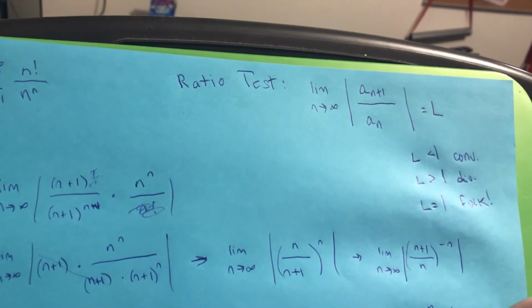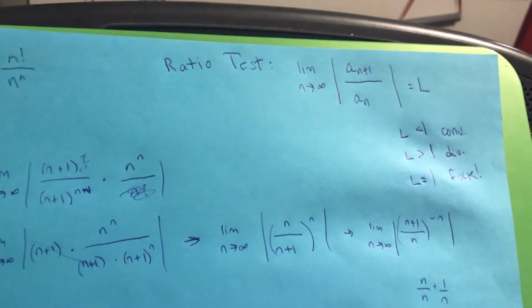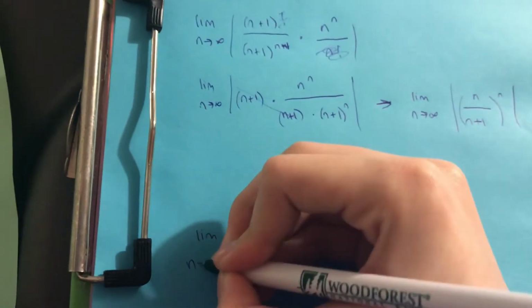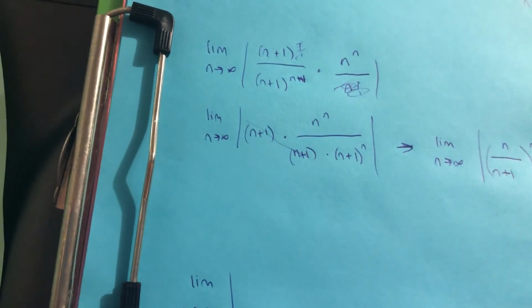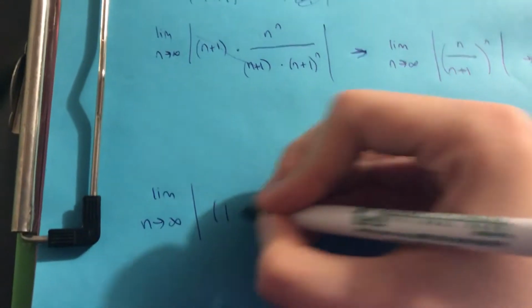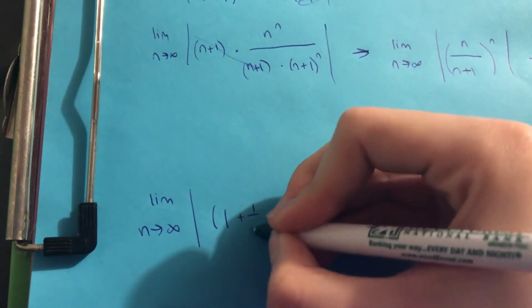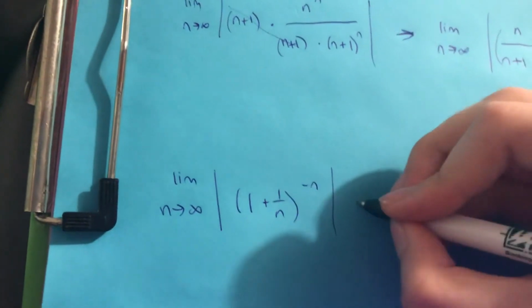So 1 plus 1 over n. Then we can rewrite the whole thing again: limit as n approaches infinity, absolute value of 1 plus 1 over n to the negative n. Looking familiar yet?